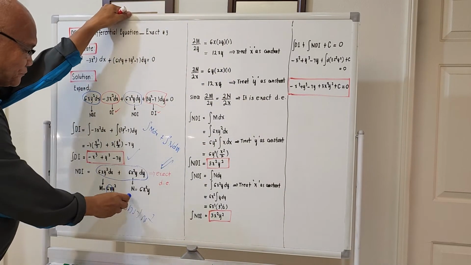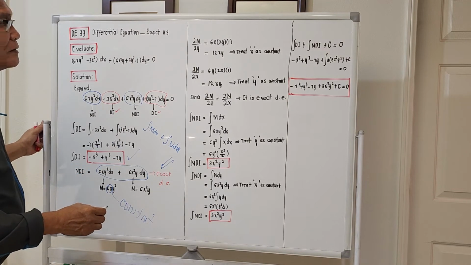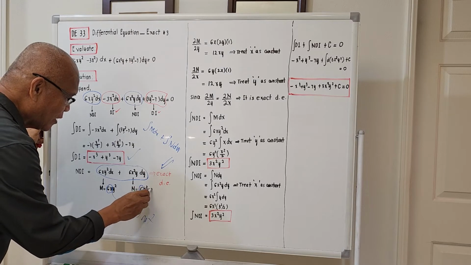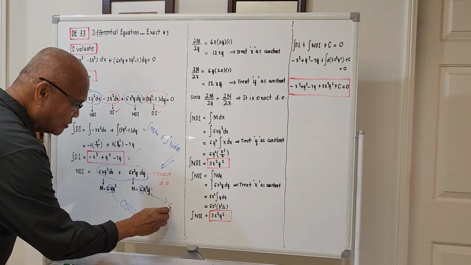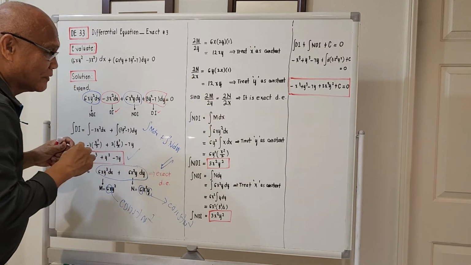For N, treat y as constant. Treat the product of 6 and y also as constant while taking the partial derivative.